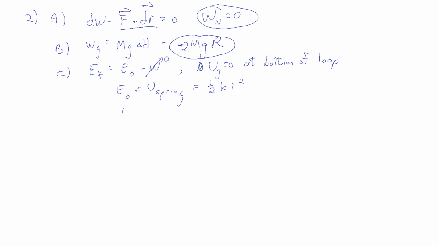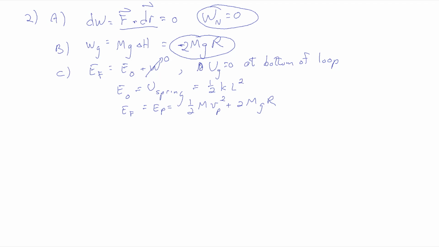Now the final energy, in this case final will be at point P, will be equal to the kinetic energy there, which is 1/2 m, the velocity at point P squared, plus the potential energy of gravity there, which is plus 2mgr.